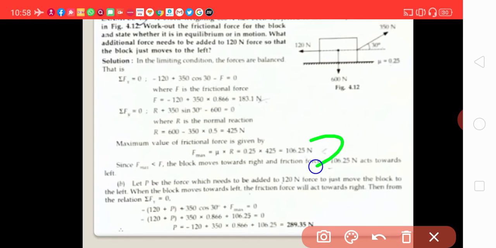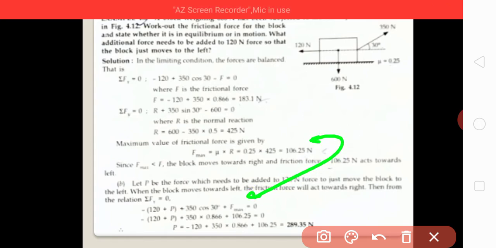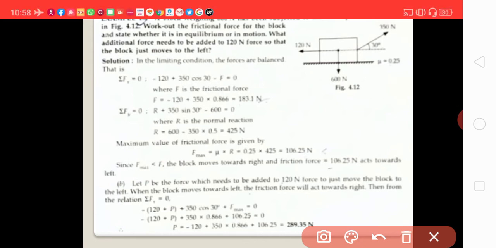This is F max. Then just solve it, you will find P equal to 289.35. Means you need 289.35 plus 120. This much force is required so that the block starts moving towards left.